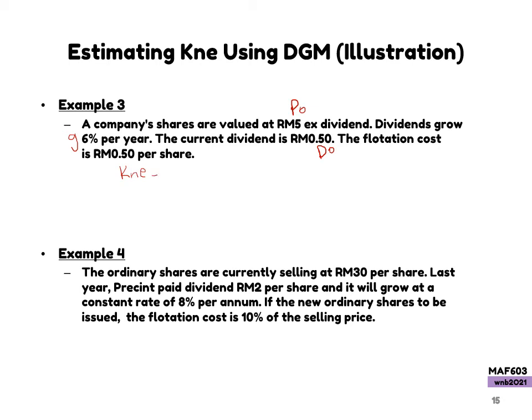We know that the formula for KNE is D0 (1 plus G) over net price.